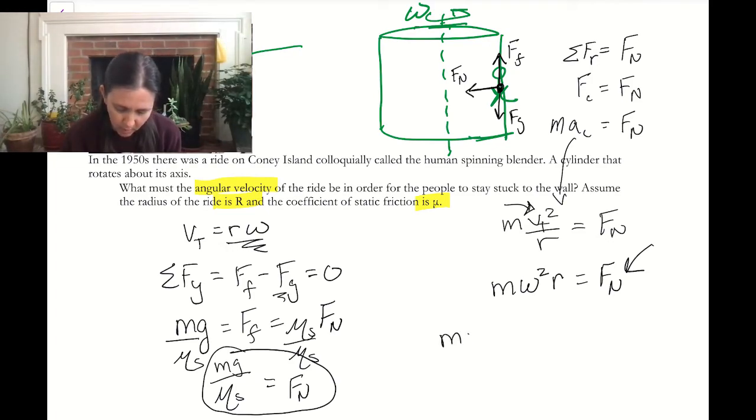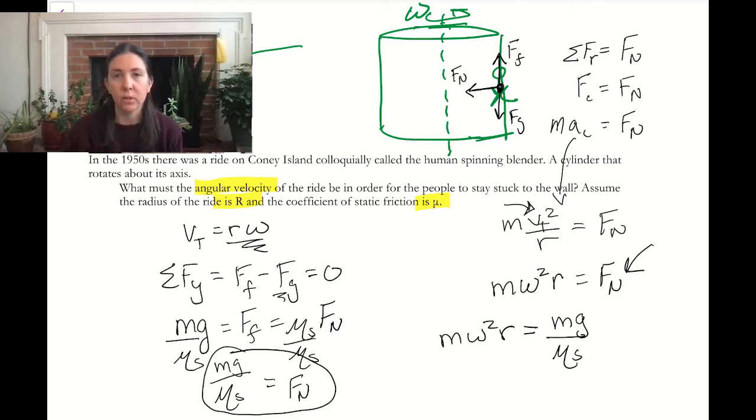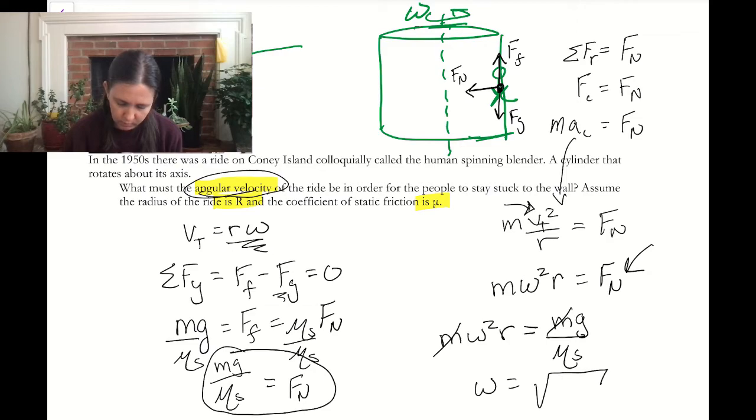So we get m omega squared r equals the mass times the gravitational field strength over the coefficient of static friction. Our masses cancel, and in this case we're solving for the angular velocity, so omega is the square root of our gravitational field strength over the radius times the coefficient of static friction.